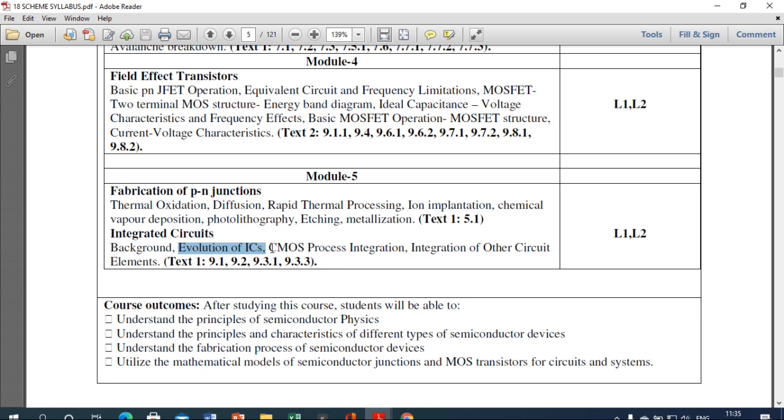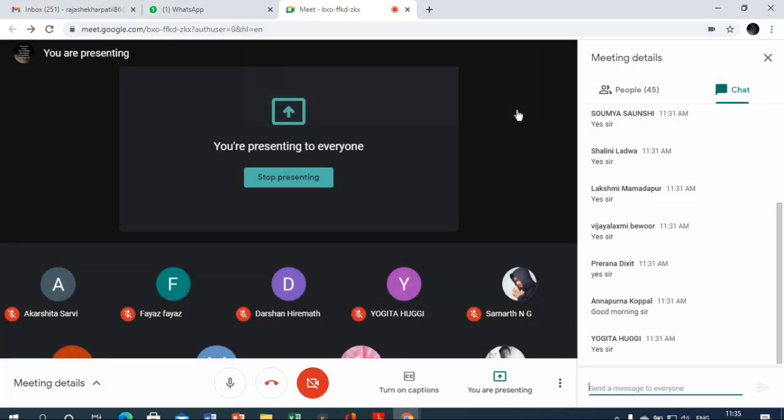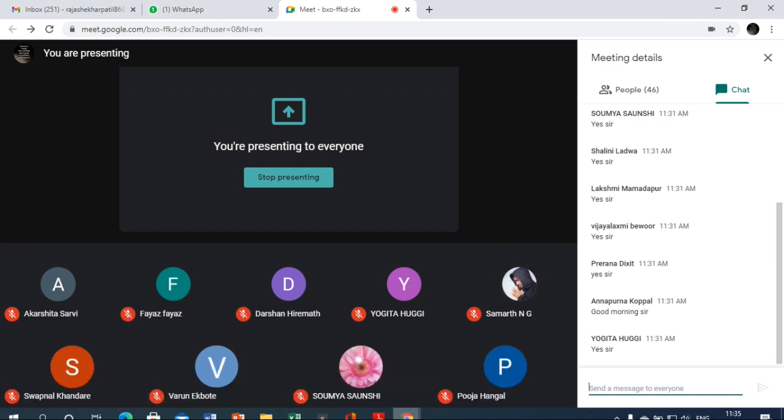In today's class, we are going to start with CMOS process integration. And here, we are going to discuss what is CMOS, how it can be implemented using two MOS transistors, okay? And then we will discuss the schematic and the fabrication of CMOS process integration. So now, we'll move on to that topic.